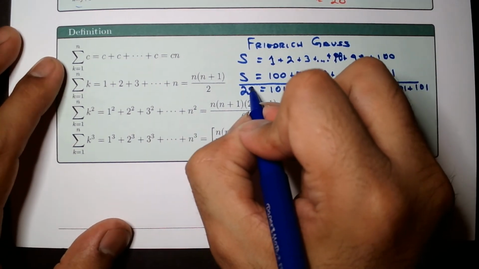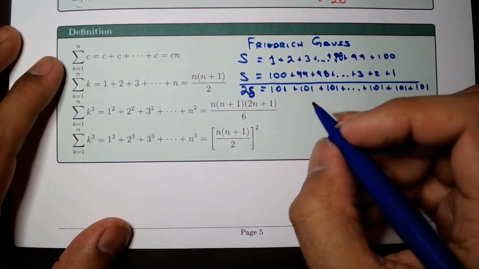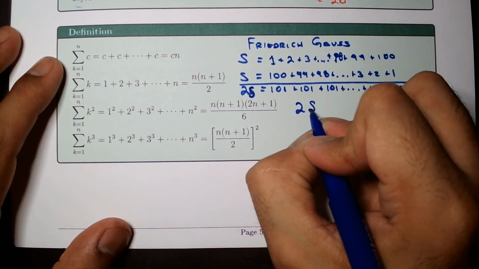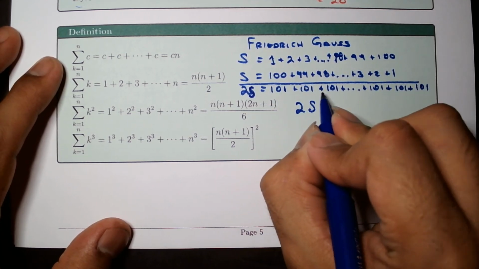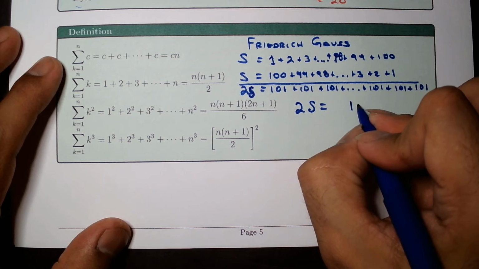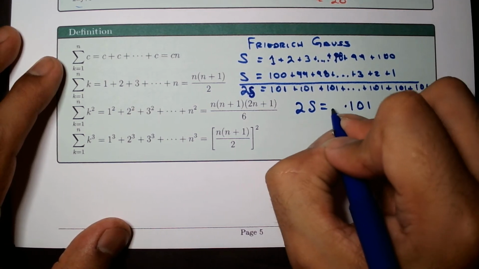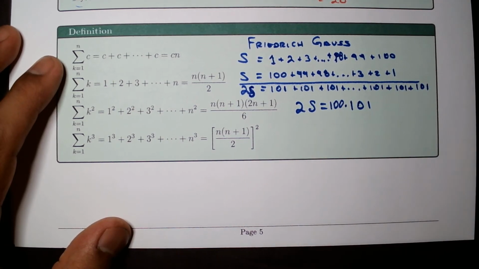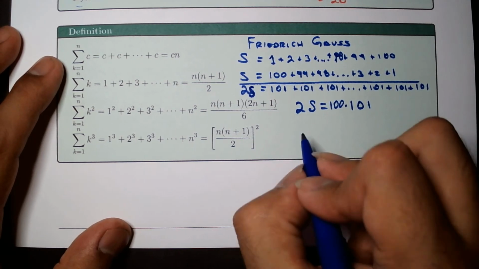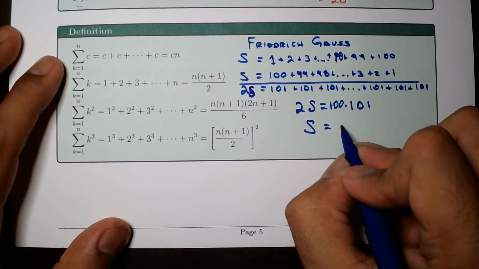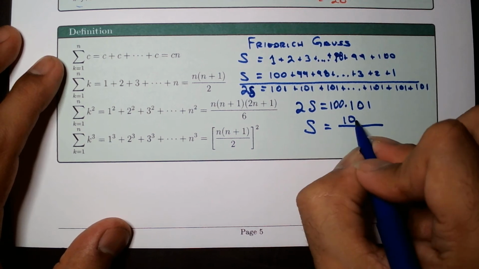This is not a 25, this is a 2S. So this 2S equals how many 101s do we have? Isn't that 101 times 100? And then divide this by 2. Do not compute this yet.